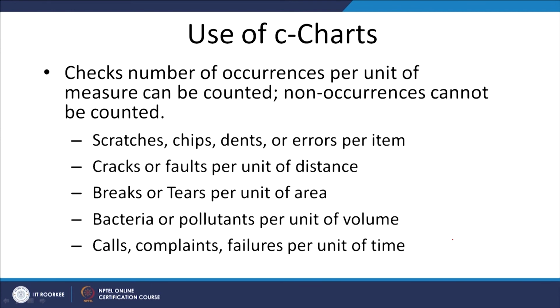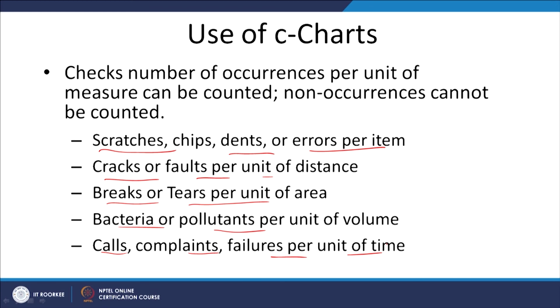The C chart is basically used when we check the number of discontinuities, non-conformities or defects which are present, and these may be in the form of scratches or dents or errors per item, cracks or faults per unit distance, breaks or tears per unit area, bacteria or pollutants per unit volume, calls, complaints and failures per unit time.